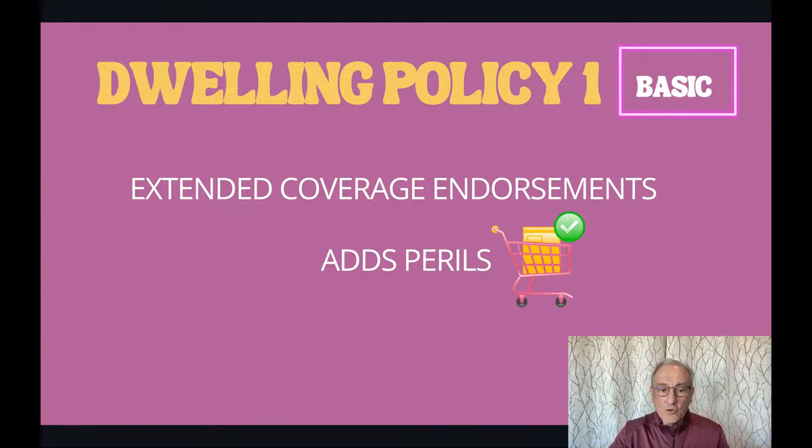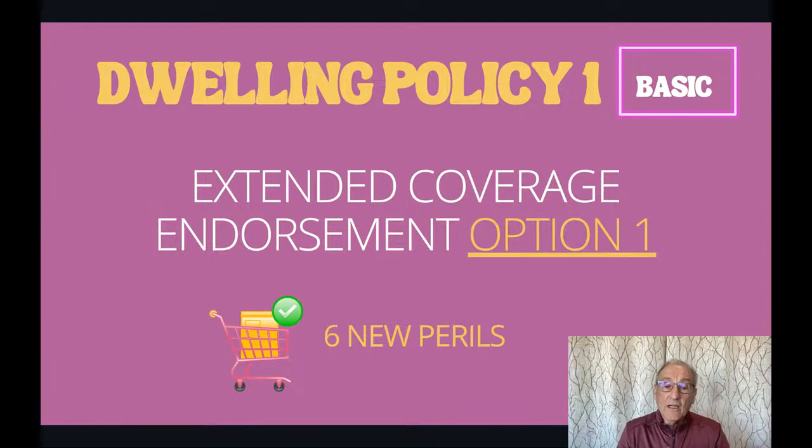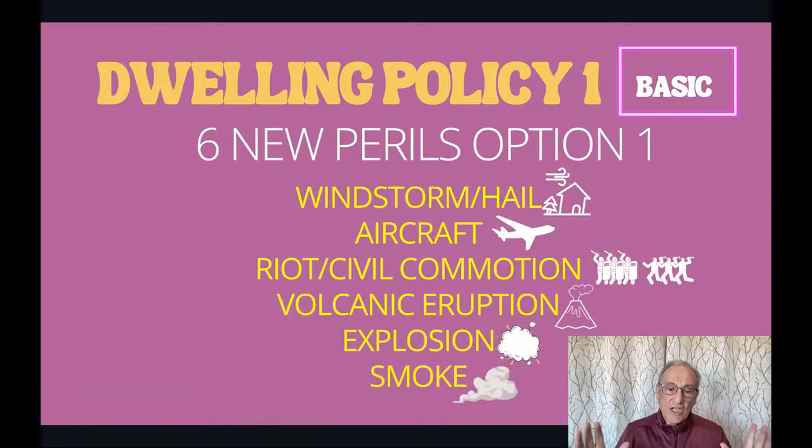There's nothing extra. But if you want more, you can do it by getting extended coverage endorsements. Imagine pizza. This is like adding pepperoni, sausage, and things like that. Extended coverage endorsement number 1 on this basic policy gives us 6 new perils.